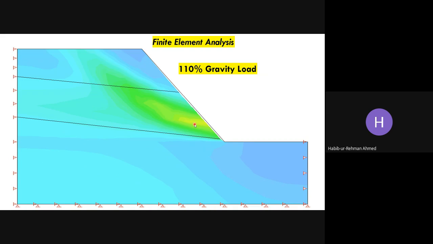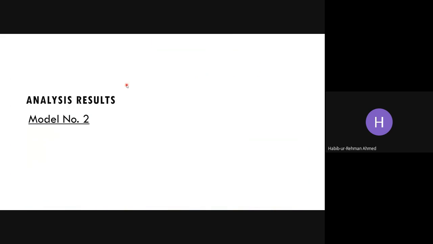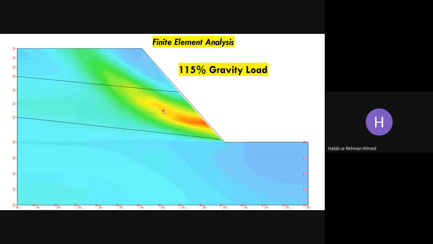In the next one, at 110% gravity load, the strain level is even higher over here, and the weaker strain path is moving in this direction. With further 115%, you can see some part has reached a peak.